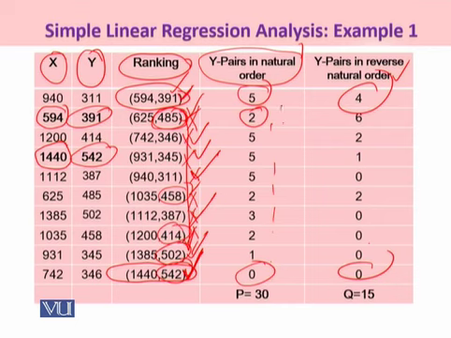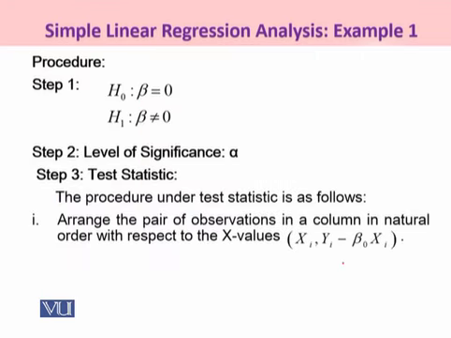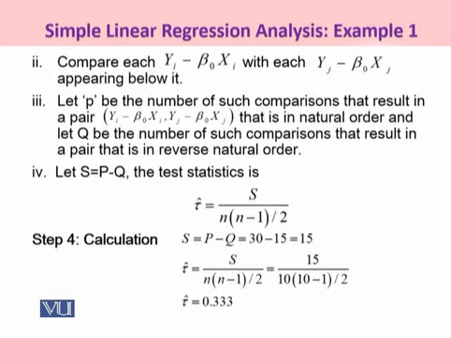Now summing over these columns you will get p as 30, and summing over the q column you will get q as 15. Now under H0 and H1, we have that beta is 0, and the alternative is that it is not equal to 0. Using the p's and q's, you will calculate s. So s is equal to p minus q.